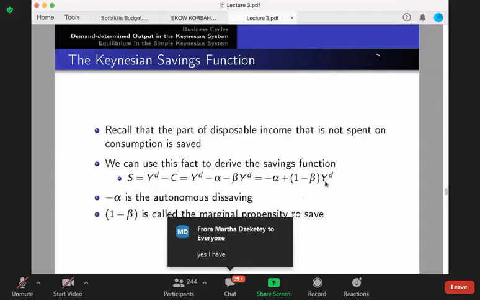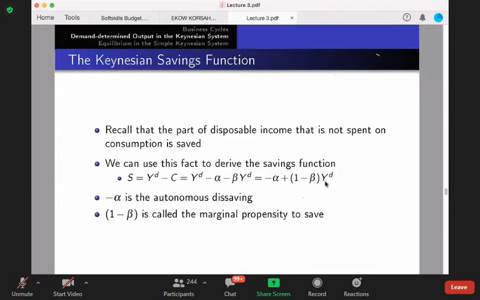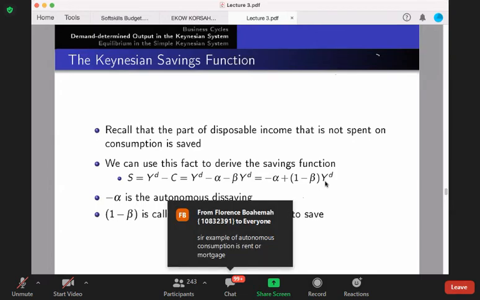Okay, good. So Martha says she has been able to solve it. Who next? Moses. You factorize out. Nicholas. So Nicholas, have you been able to do it? Florence, you are bringing this autonomous consumption thing again.